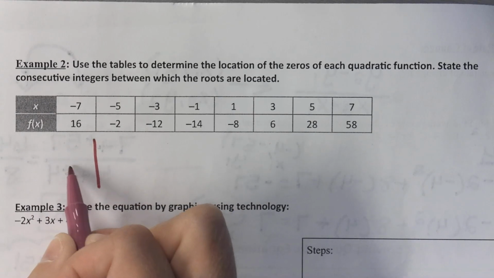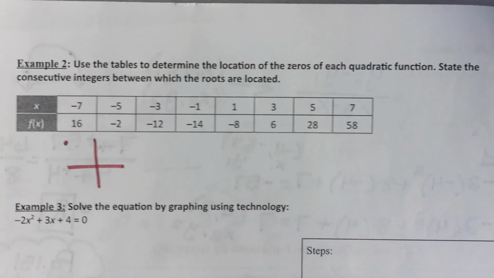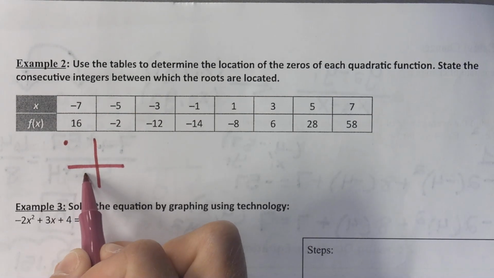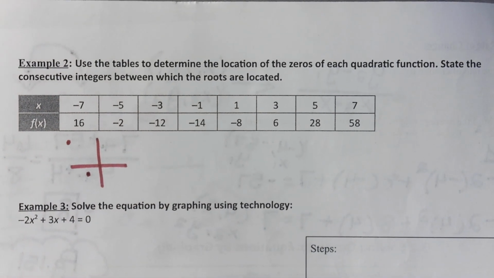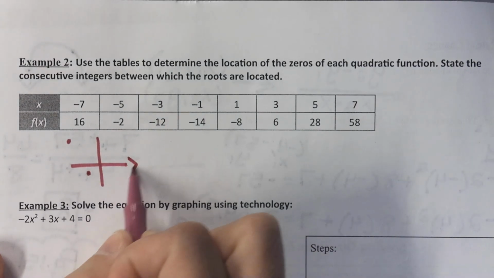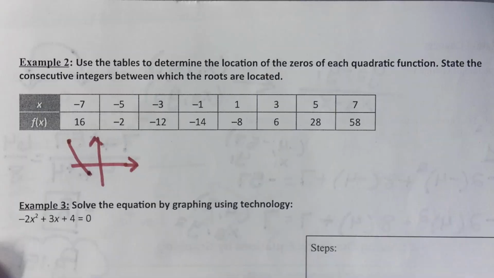Okay, so if I had a point at negative 7, positive 16, so up here somewhere, and then I had a point at negative 5, negative 2, what happened in between those 2 points? What did I have? It would have crossed what? Yeah, it would have crossed the x-axis, so I would have had an x-intercept, which again is the same as a solution.